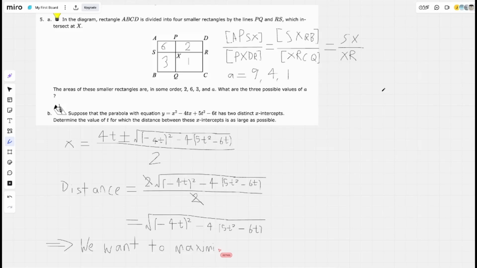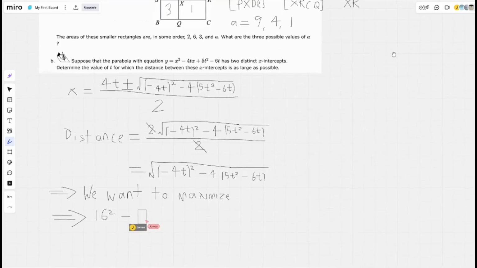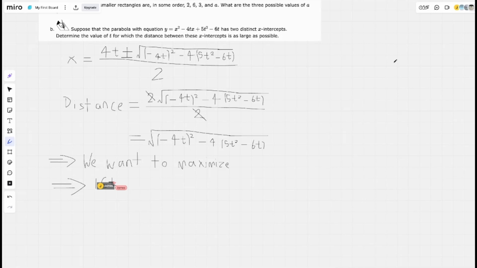And if you just quickly look inside the expression, inside the square root, you'll see that it's actually just a quadratic in t. So if you do the simplification or expansion that we didn't do earlier, 16t squared minus 20t squared plus 24t, you can combine like terms.